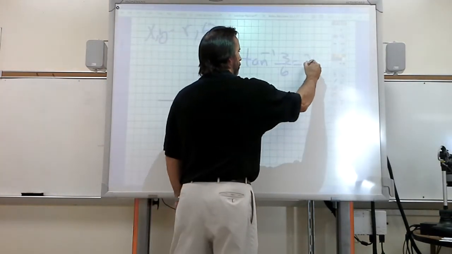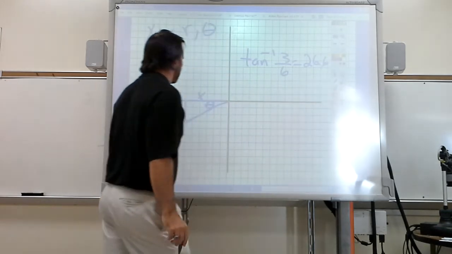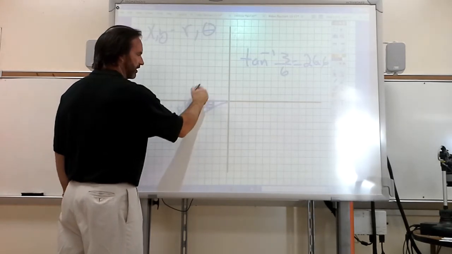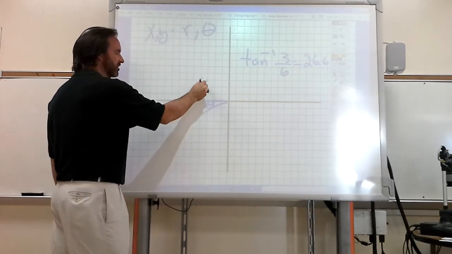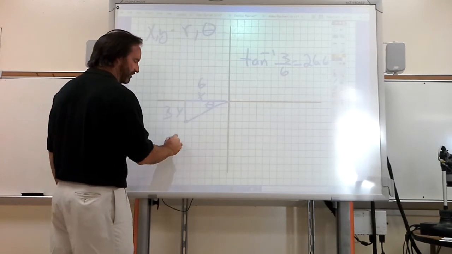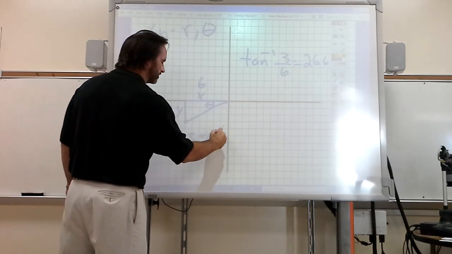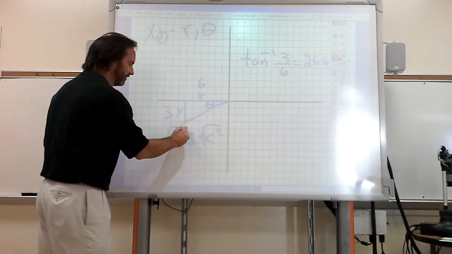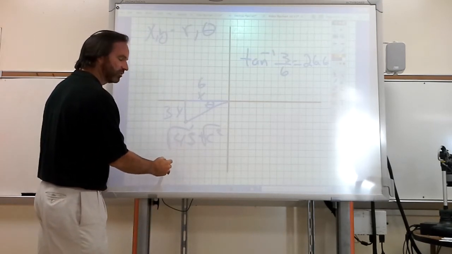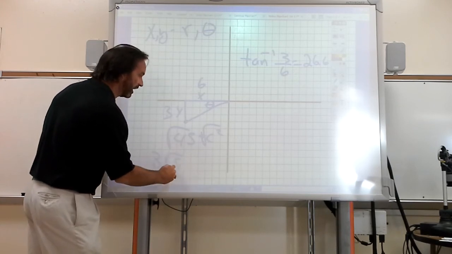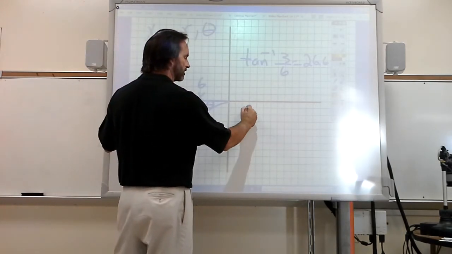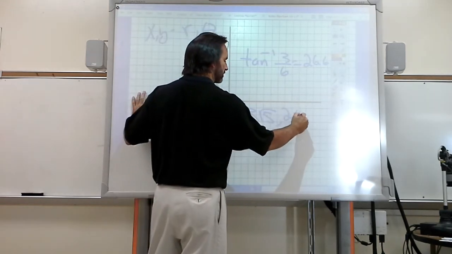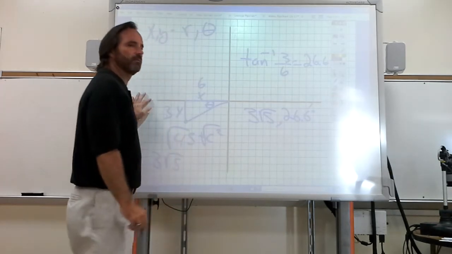We use Pythagorean theorem. 6 squared plus 3 squared is 45. 45 equals c squared, and we square root both sides. Remember, that's 9 times 5. Square root of 9 is 3, so I can rewrite that as 3 root 5. So our polar coordinates are 3 root 5 or the square root of 45 and 26.6 degrees.